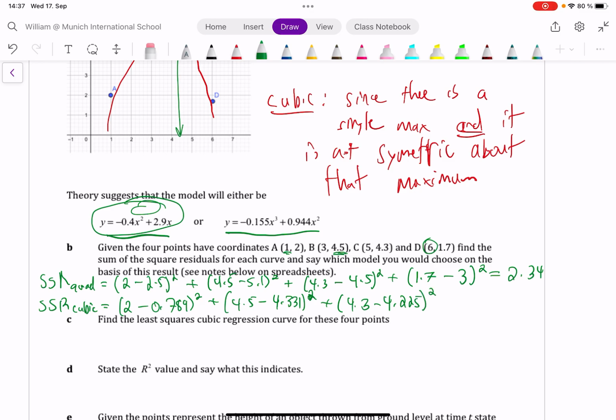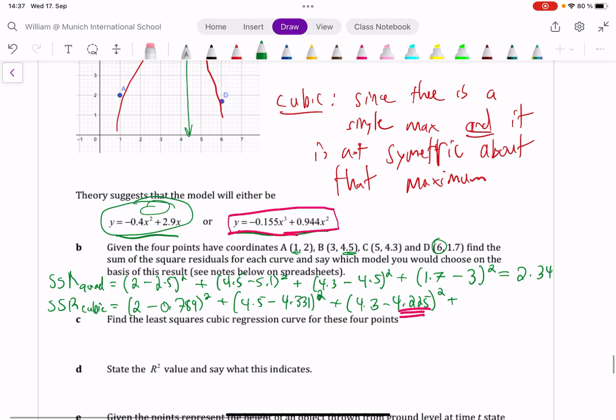I'm getting these model y values by putting in the x value into this equation. I'm not showing you how to get that. You would go in the calculator and grab that point. And then plus 1.7 minus 0.509. Can't read my handwriting, but I think that's what it is. But then overall it equals 2.94.